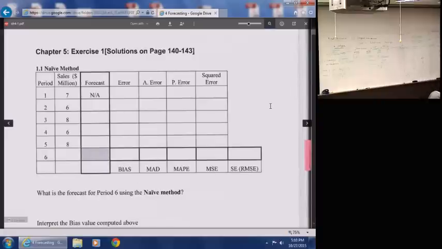The second one, actual is 6, minus the mean of actual, which is 7, squared. 6 minus 7 is -1, and -1 squared is 1. The third one, you got 8 minus 7, and then you square, and that is 1.